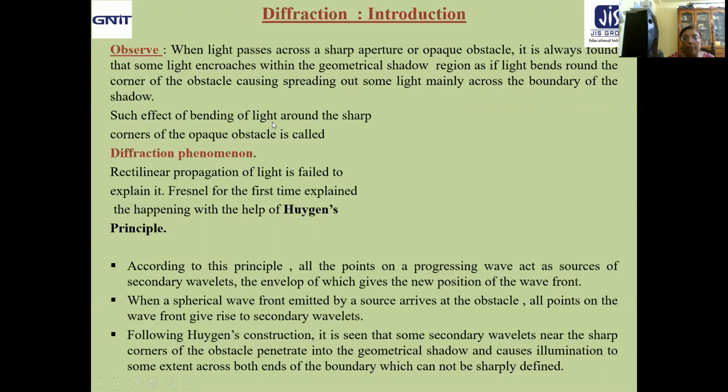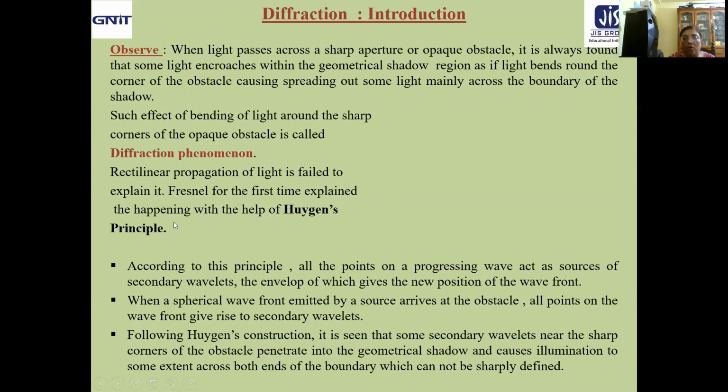This effect of bending of light around the sharp corner of an opaque obstacle is termed the diffraction phenomenon. Here it is very clear that rectilinear propagation of light fails to explain it. Fresnel, for the first time, explained the happening with the help of Huygens principle.